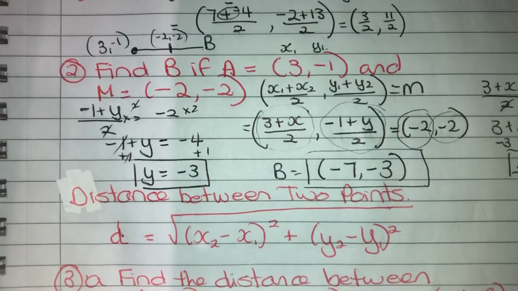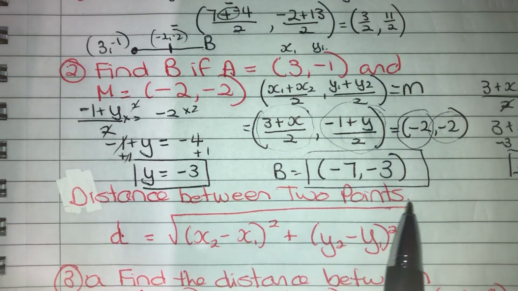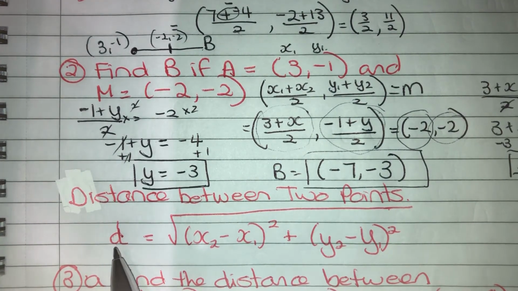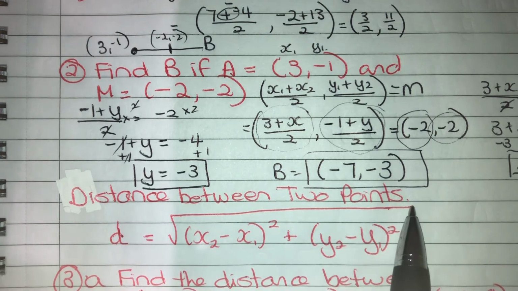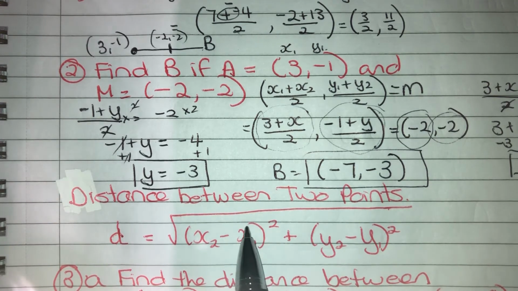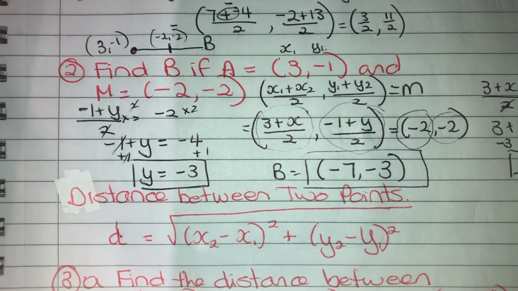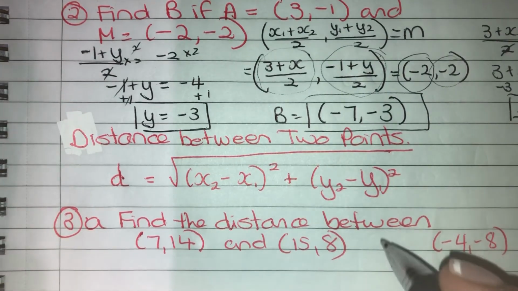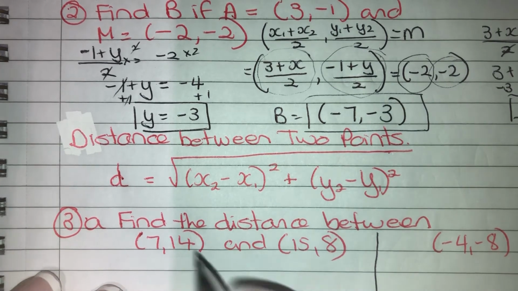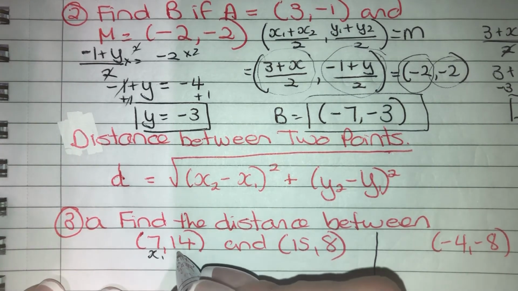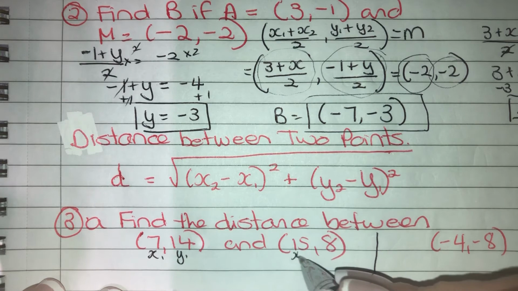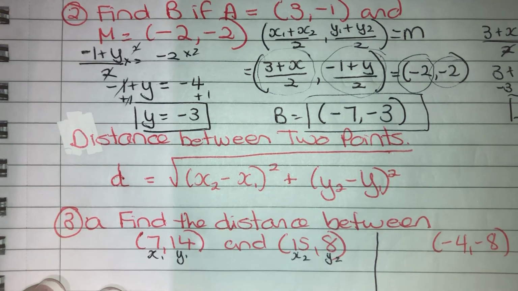If you can write down the next one, it's the distance between 2 points, and it's d equals big square root sign x2 minus x1 squared plus y2 minus y1 squared, and we simply put that information in. All right, so 7 and 14, we've got x1, y1, x2, y2.